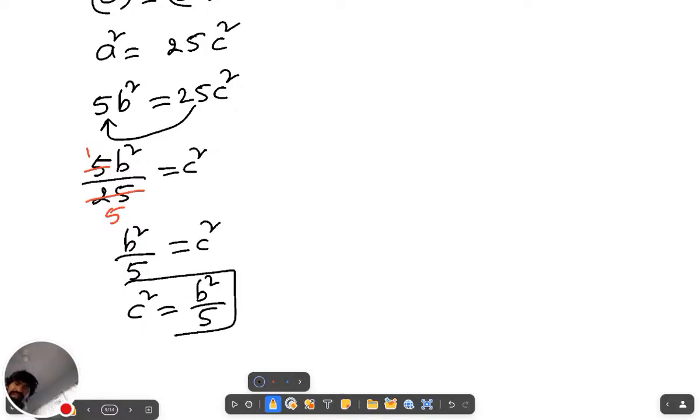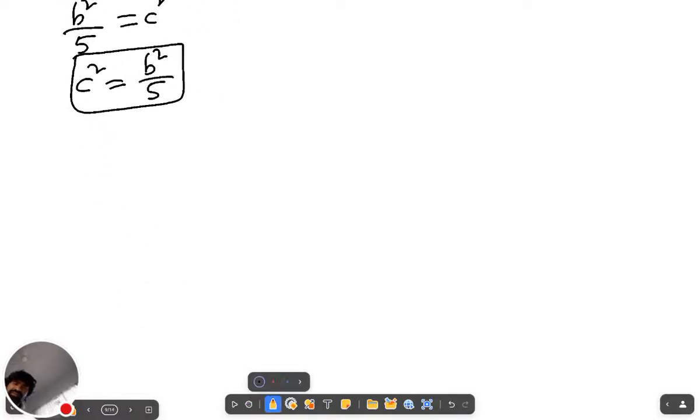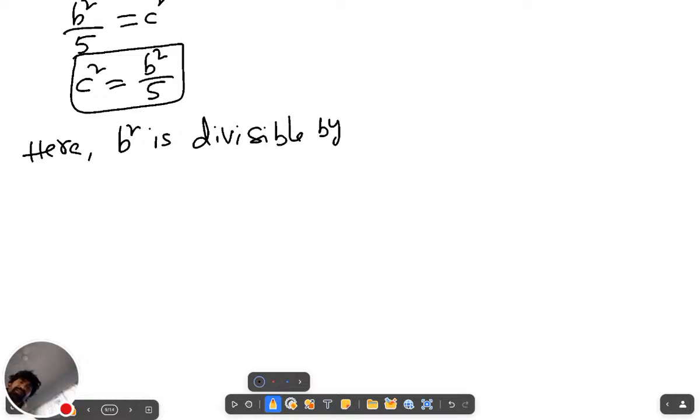That means b square is divisible by 5 to give the quotient c square. So here b square is divisible by 5. So when b square is divisible by 5, b is also divisible by 5.